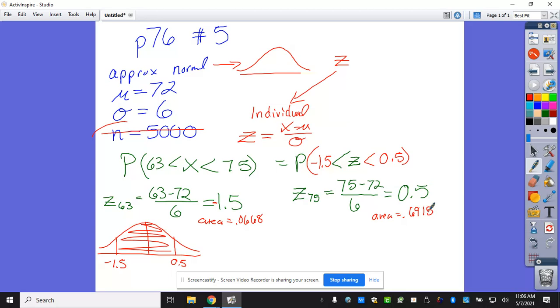And I do what with those two? Subtract, so 0.6915 minus 0.0668. Not doing that in my head right now. Which is probably option A. Yeah, so A would have been right if I stopped here.